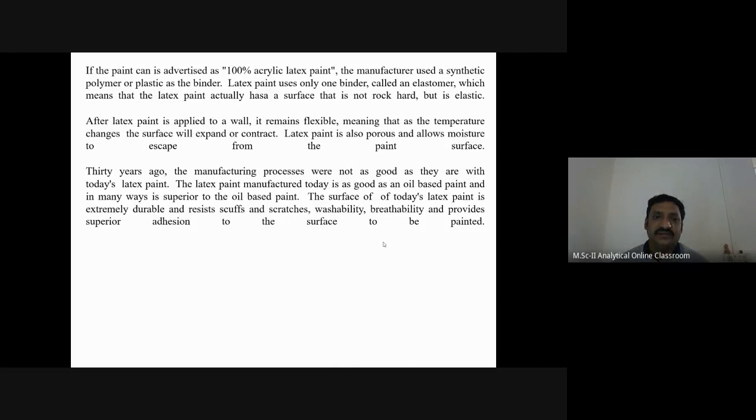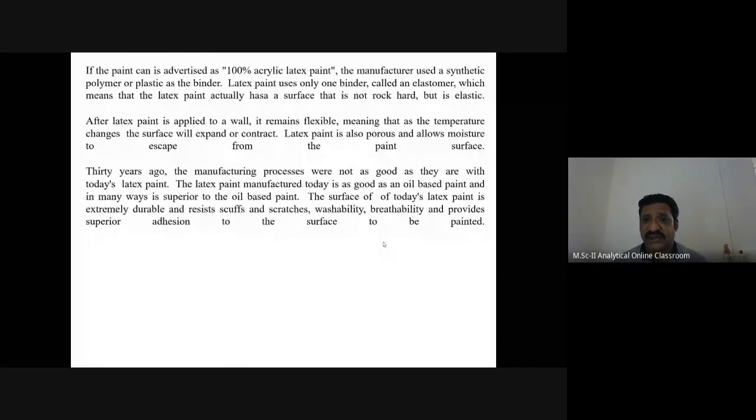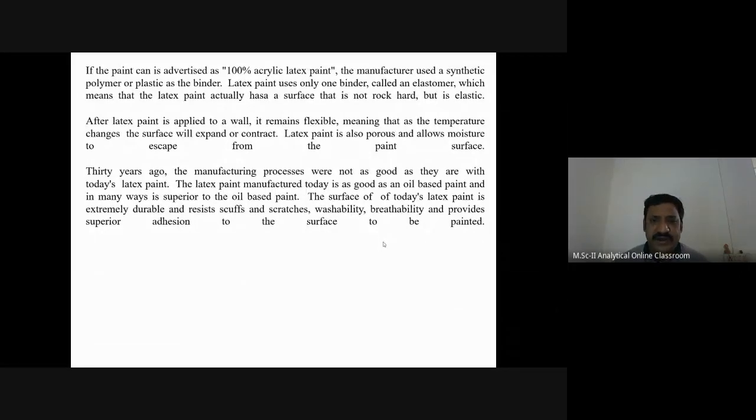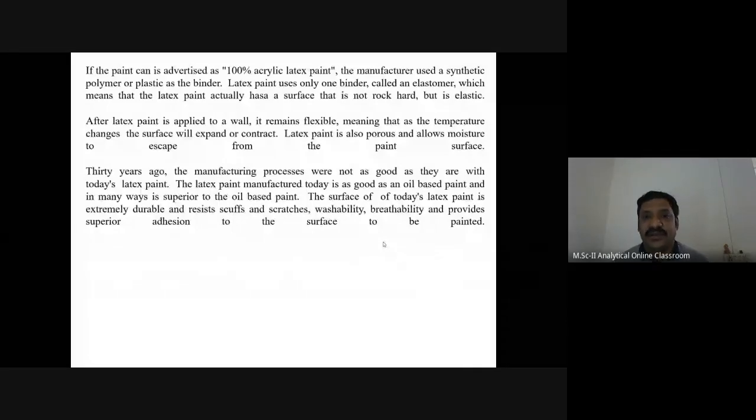Okay, and 30 years ago, the manufacturing processes were not as good as they are with today's latex paint. So you see that 30 years before, that much advanced technology was not there as today. And the latex paint manufactured today is as good as an oil-based paint, and in many ways is superior to the oil-based paint.